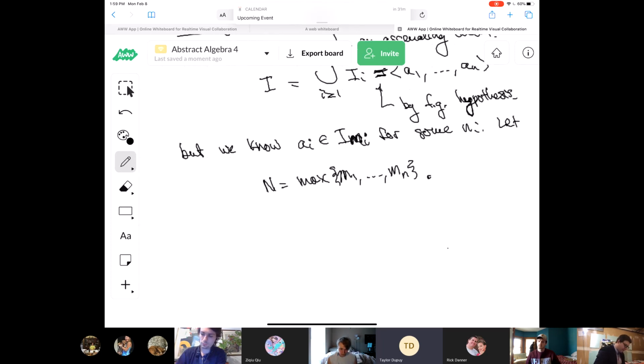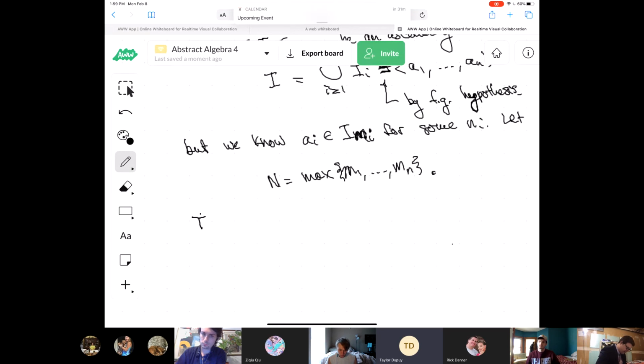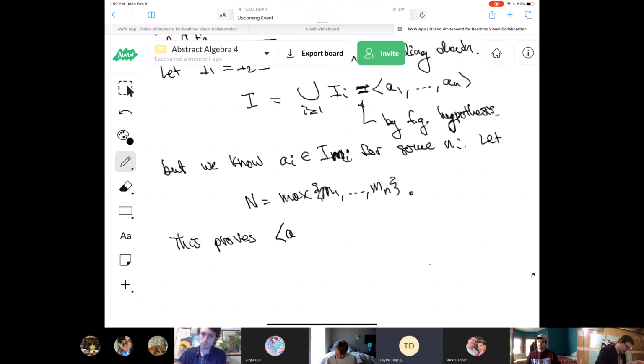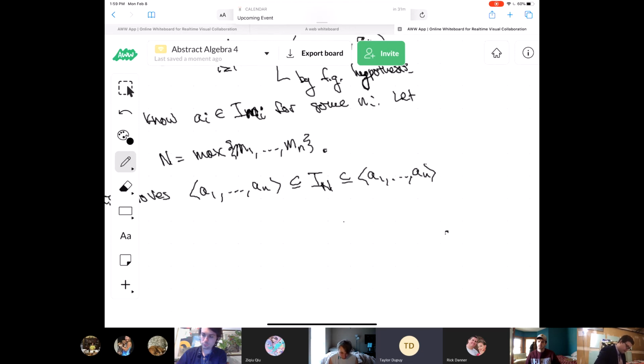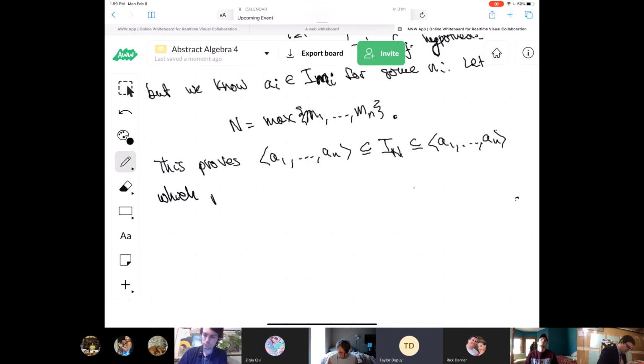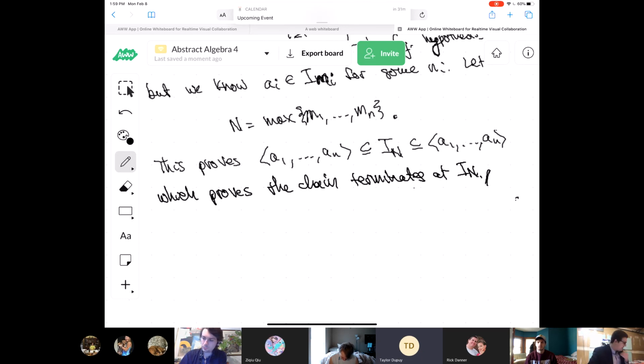This proves that the ideal generated by A1 through An is contained in I_N, which is contained in the ideal generated by A1 through An. So this proves the chain terminates at I_N. Okay, so that's how we get there.